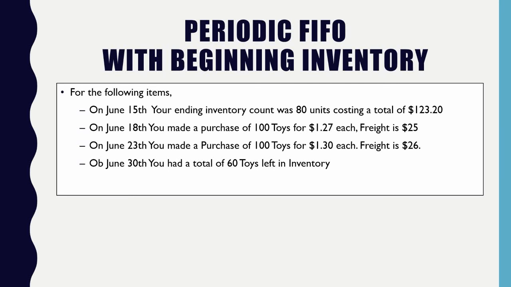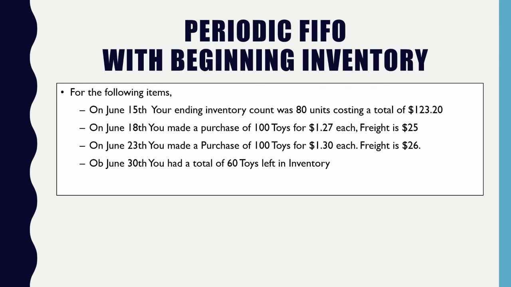So oftentimes when you're dealing with inventory and it's being cycled over and over again, whether you update your inventory every 2 weeks, every month, whatever it is, you're going to start a brand new worksheet and a brand new cycle. So in this case, since I do inventory every 2 weeks, this is going to be a continuation from the 15th all the way out to the rest of June, which is to June 30th.